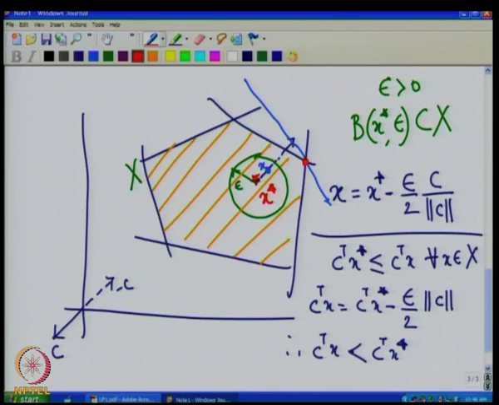So, you will see that at the optimal point X star, the supporting hyperplane C transpose X equals C transpose X star is the supporting hyperplane for the set X, and it supports from below.